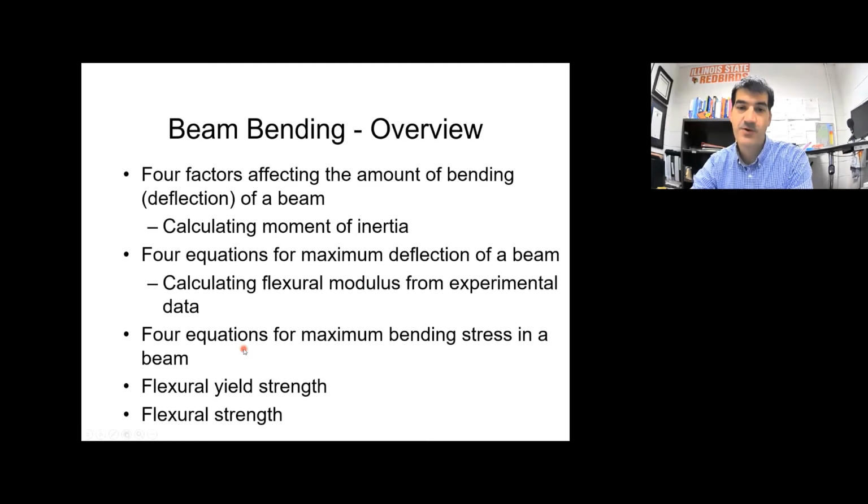And we'll have 4 different equations for the stress in the beam, the maximum stress in the beam as it's being tested. And we'll talk about these terms, the flexural yield strength, which you can probably guess what that's going to signify, and the flexural strength. You can probably make a pretty good guess about what that's going to mean also.